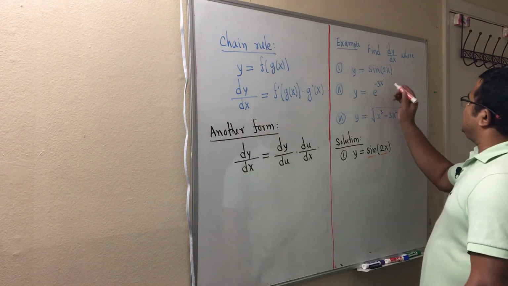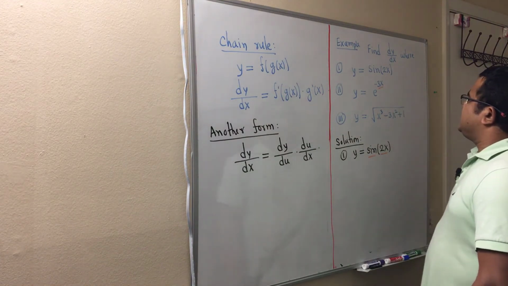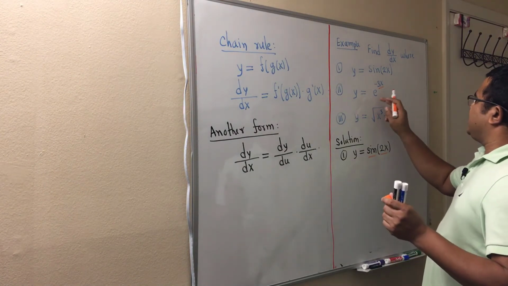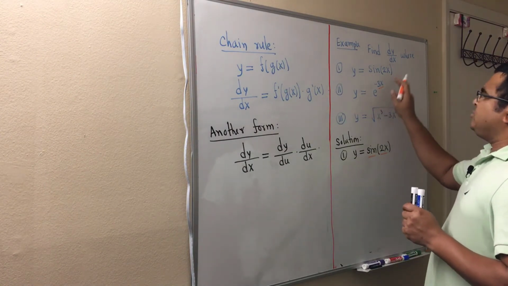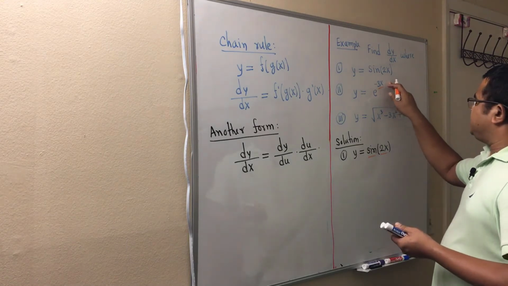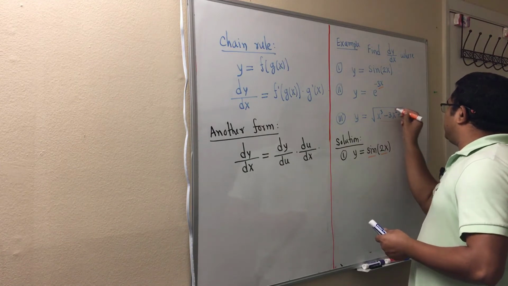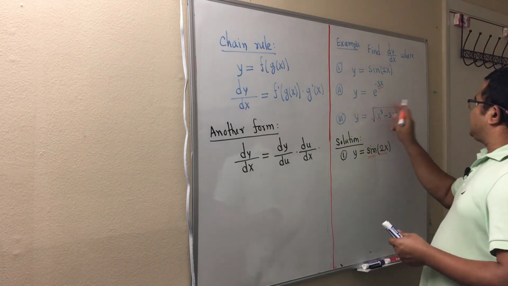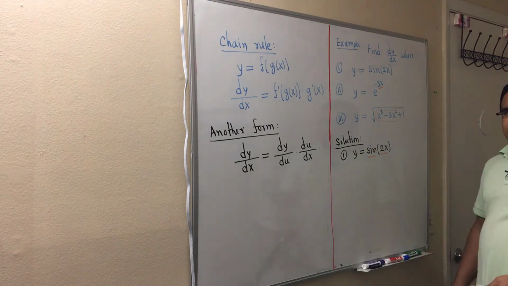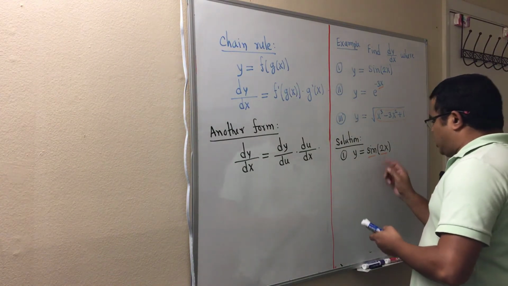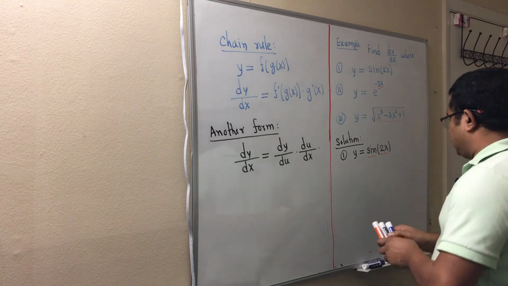Similarly, for number 2, negative 3x is the inner function and e to the power x would be the outer function. And for number 3, the expression under the root is the inner function and square root of x would be the outer function.